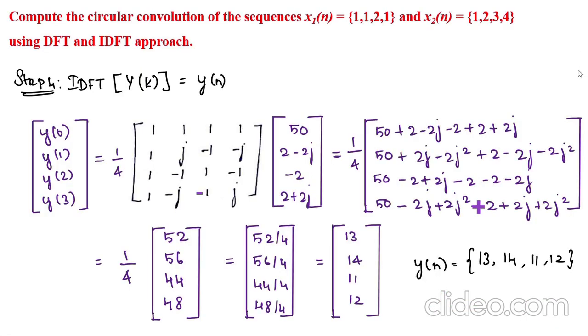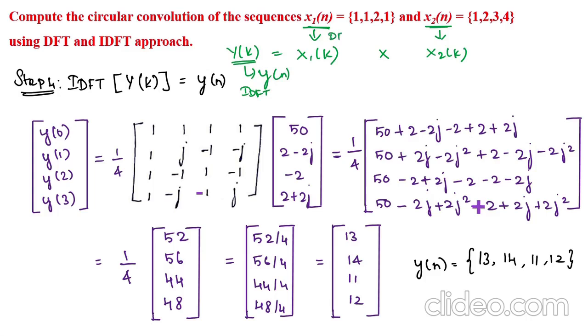Now I would like to recollect the steps. Firstly, we convert x1 of n to X1 of k using the DFT matrix method. Next, x2 of n to X2 of k using the DFT matrix method. Then we multiply both: X1 of k multiplied by X2 of k is equal to Y of k. This Y of k is converted to y of n using the IDFT matrix method.